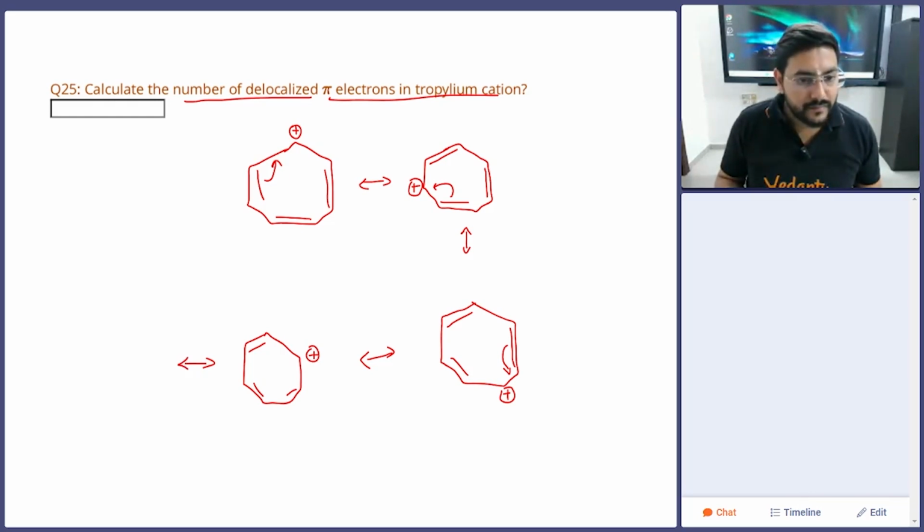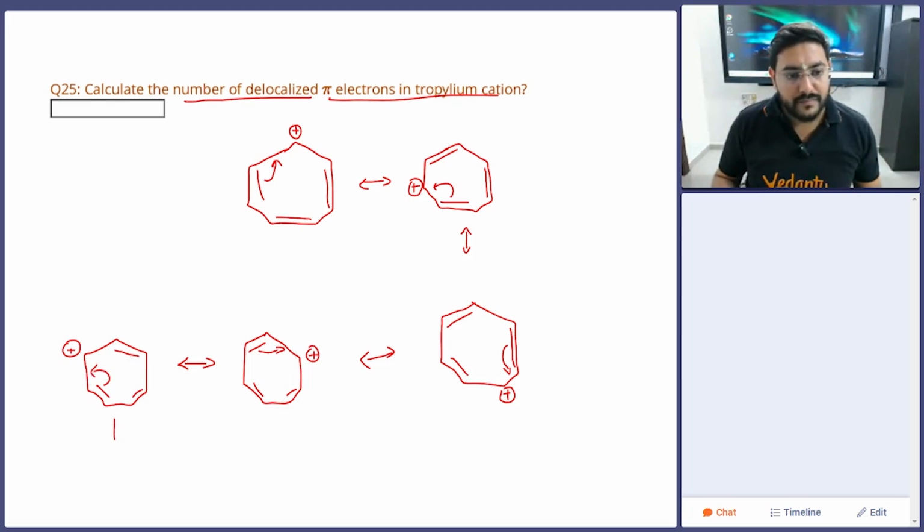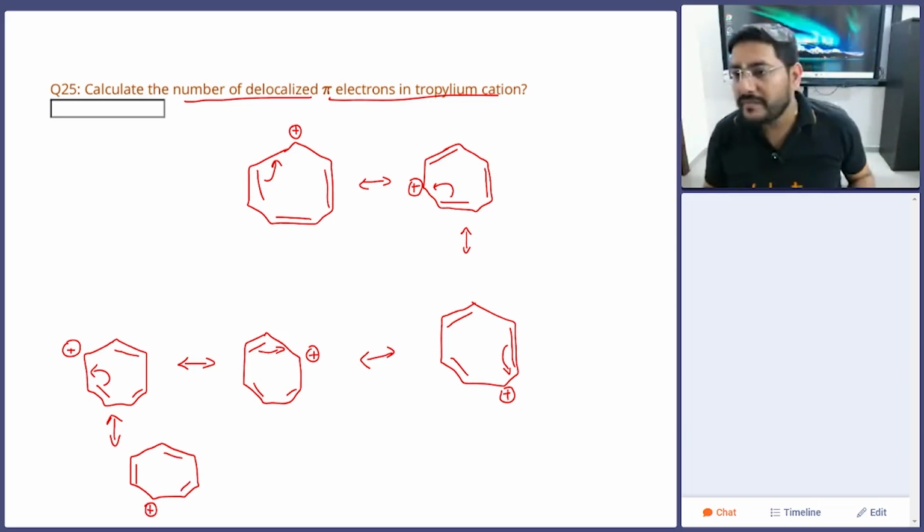Is this part clear to you guys? So all the electrons are moving. Yes or no? All the electrons are continuously moving.